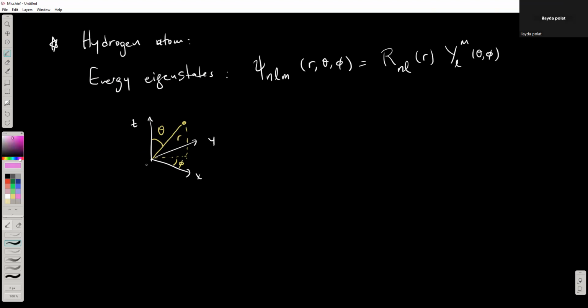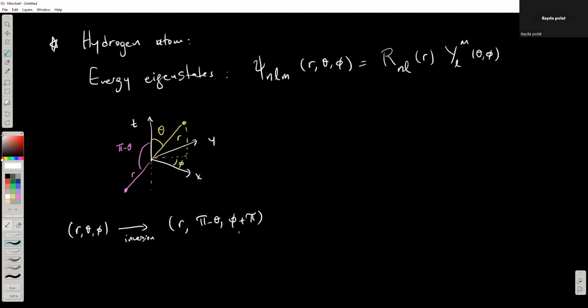Under inversion, that point is going to be transformed into that point, in which case this angle becomes pi minus theta, 180 degrees minus theta, and phi becomes phi plus pi. So r, theta, phi are transformed into r, pi minus theta, phi plus pi.